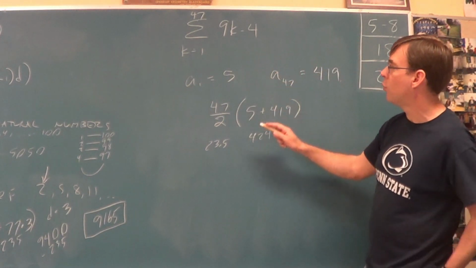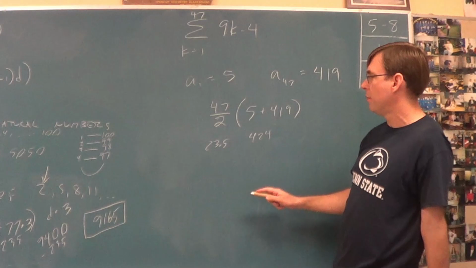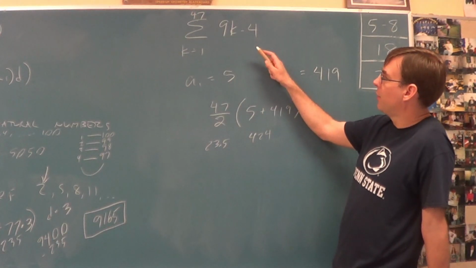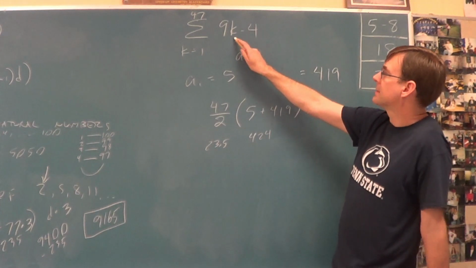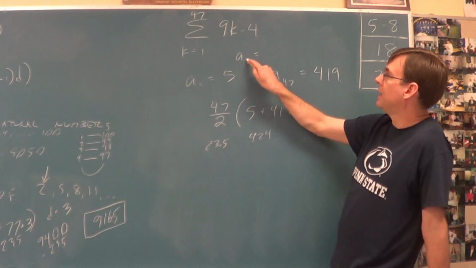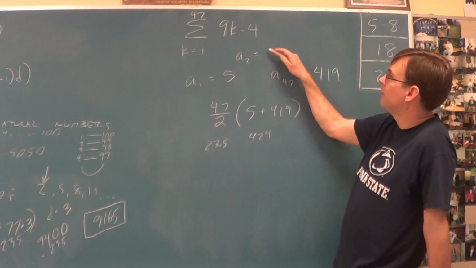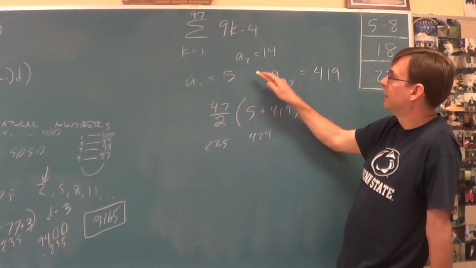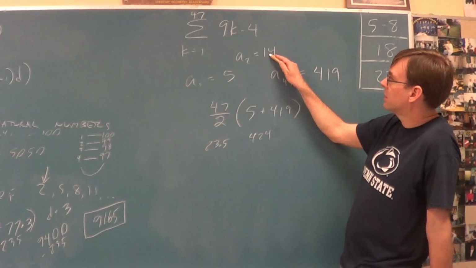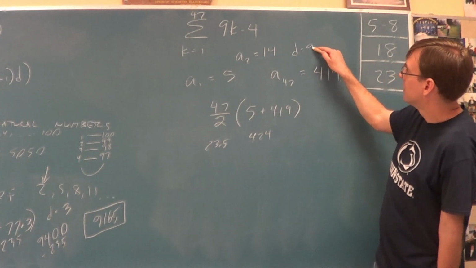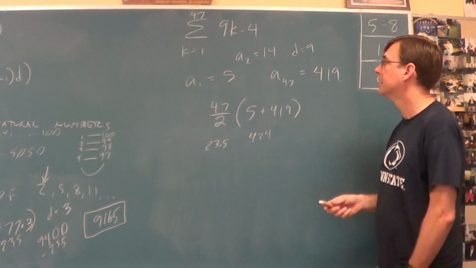Alternative plan, if you wanted to go with the other formula, we could go figure out the second term. The second term, 9 times 2 is 18, minus 4 is 14. If the first term's 5 and the second term's 14, the difference must be 9.